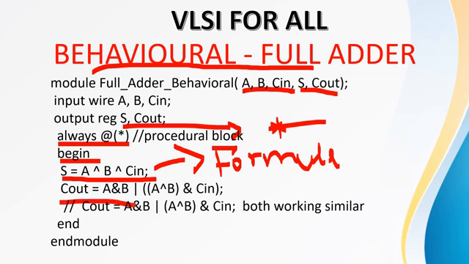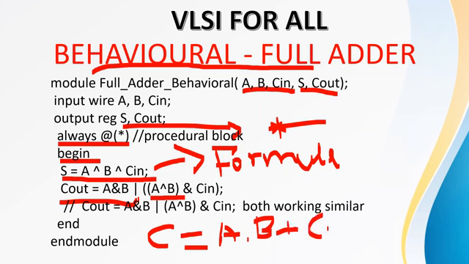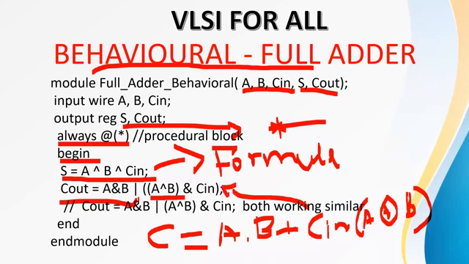And C out is A and B, or with A XOR B and C in. As I said, C out is equal to A dot B plus C in into A XOR B. This is what they have written in this code.